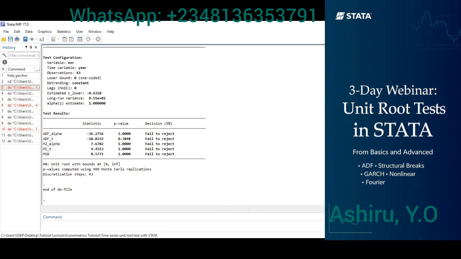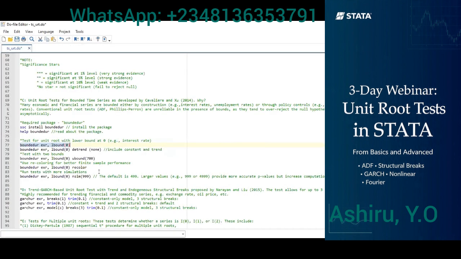Here, only a constant is included because that is the default. If you want to detrend, you include constant and trend, and you can read the help file on this bounds command to learn how to use it properly.